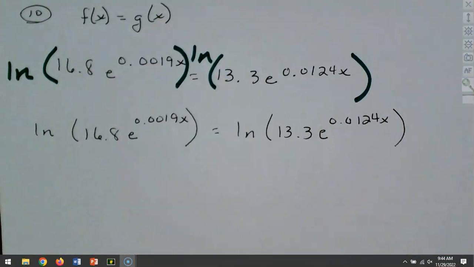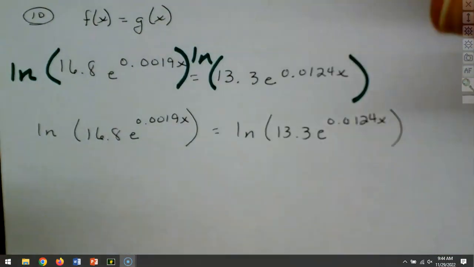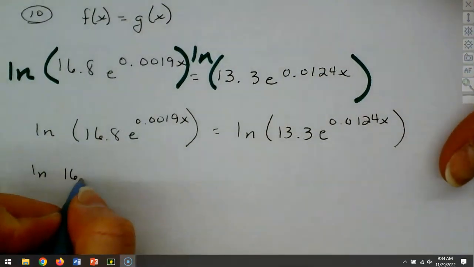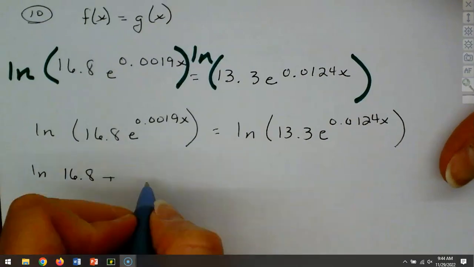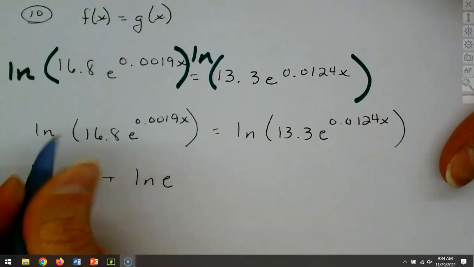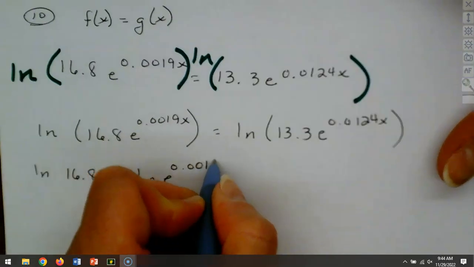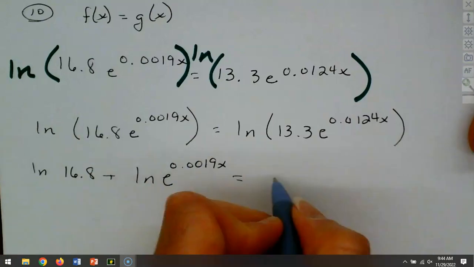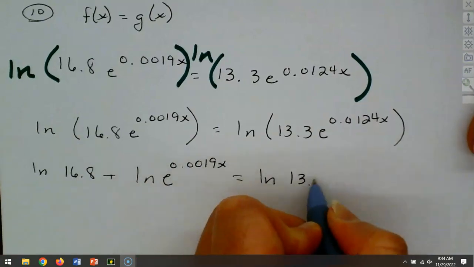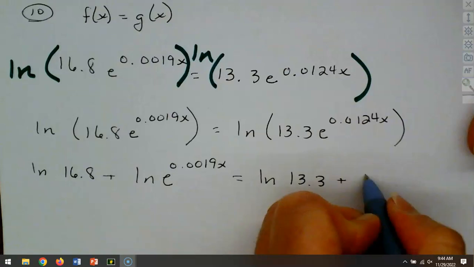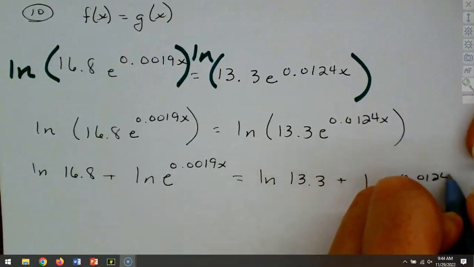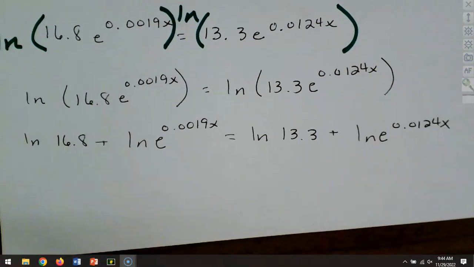If I split this up, this is going to get split up into the natural log of 16.8 plus the natural log of e to the 0.0019x power. That equals the natural log of 13.3 plus the natural log of e to the 0.0124x power. So that's what we've got.